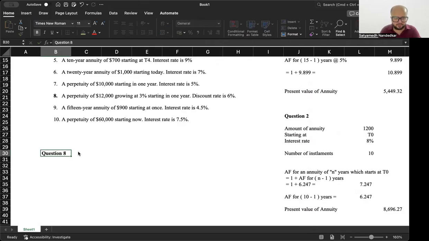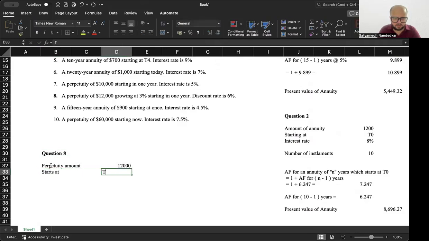Okay, next one. A perpetuity of 12,000 growing at 3% starting in 1 year. Question 8. Perpetuity amount 12,000. Then it starts at T1. It's like a regular perpetuity, not like one which starts immediately. And growth rate 3%.